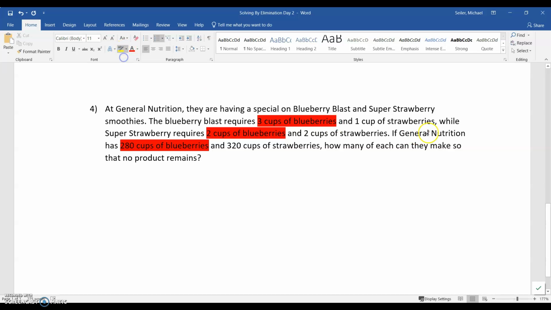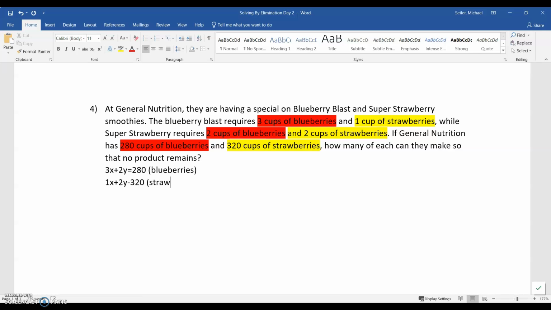So for my second one, we're also using strawberries. Strawberries, strawberries, and strawberries. 6 numbers, keep the units together. So for equations, 3x plus 2y equals 280, because that's all my blueberries. And then I've got 1x, or just x, plus 2y equals 320.